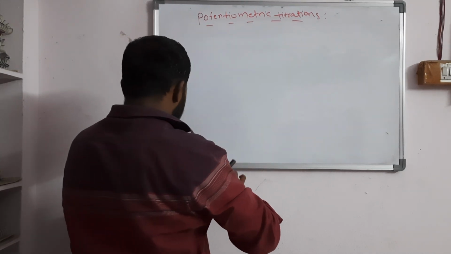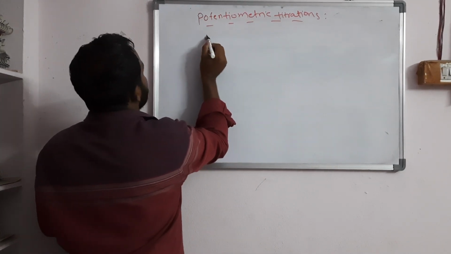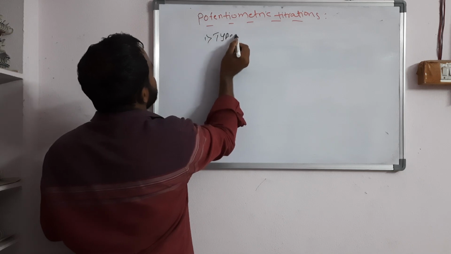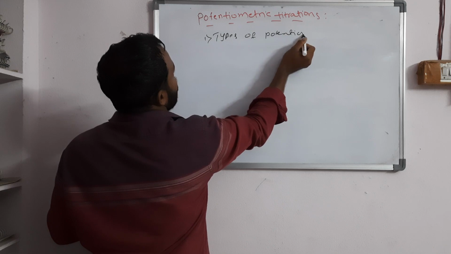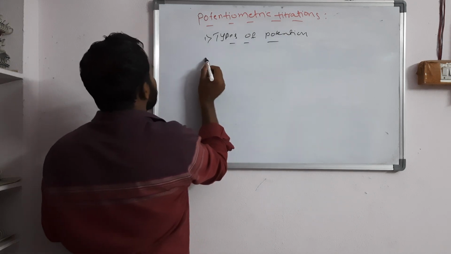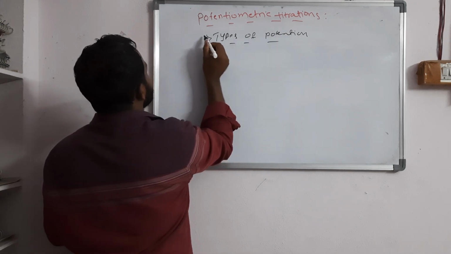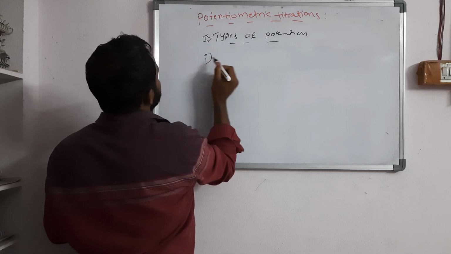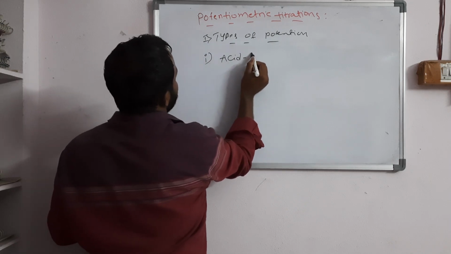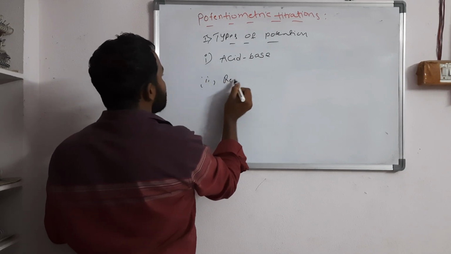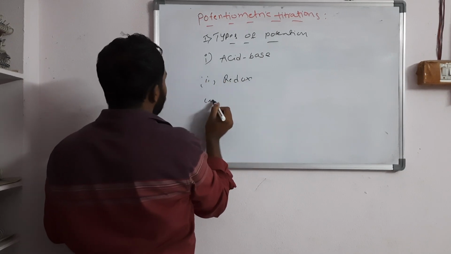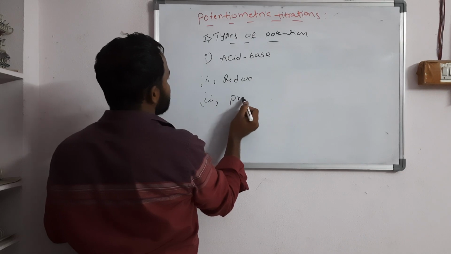Next, the types of potentiometric titrations. How many types are there? The first type is acid-base titrations. The second is redox titrations. The third is precipitation titrations.